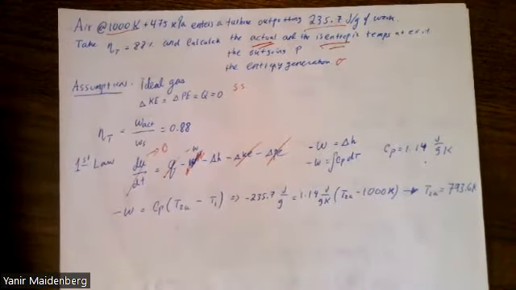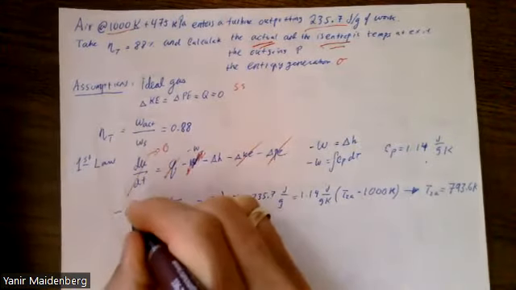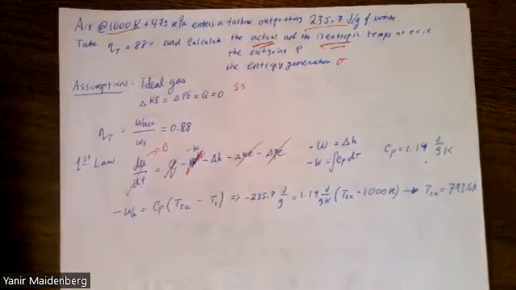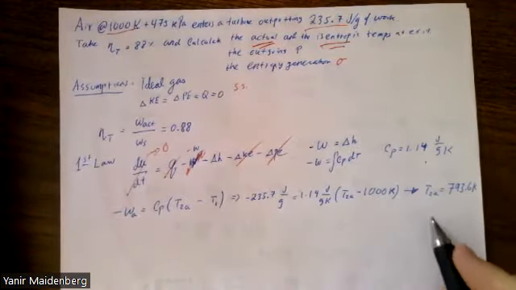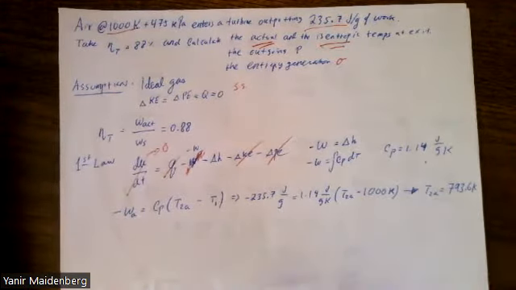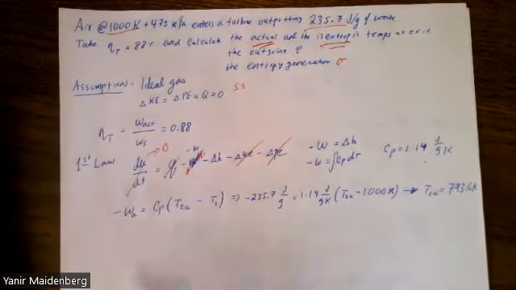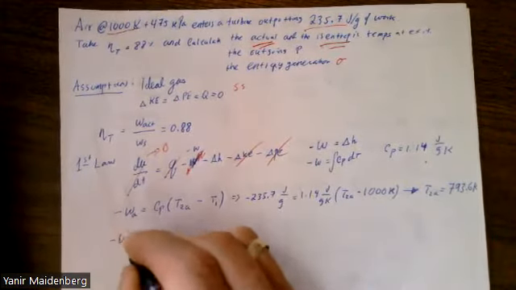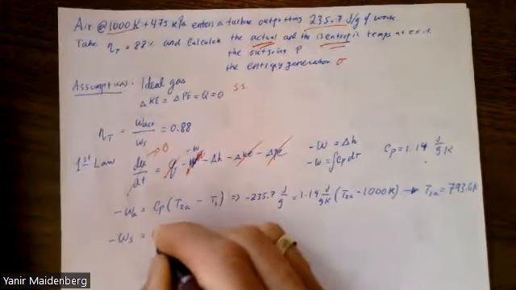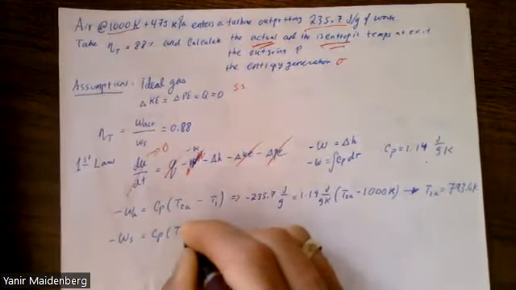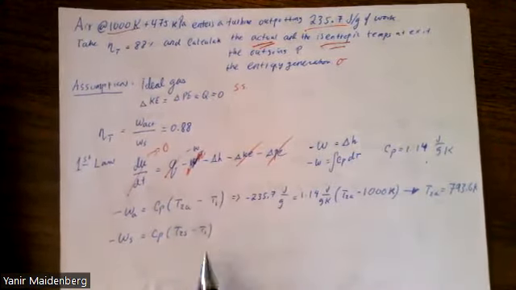Now, this is work actual. To find the isentropic temperature, T2S, what I need to do is use exactly the same equation, but use the isentropic work. So T2S minus T1, we're going to assume it's starting at the same temperature.